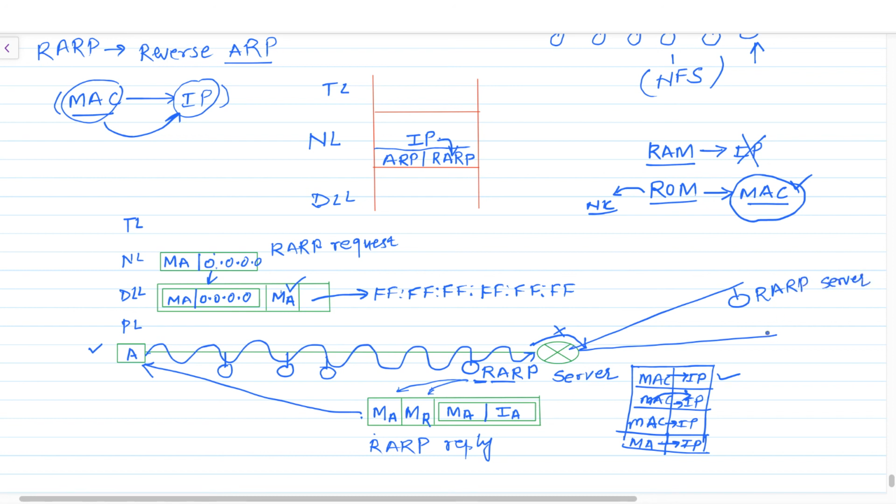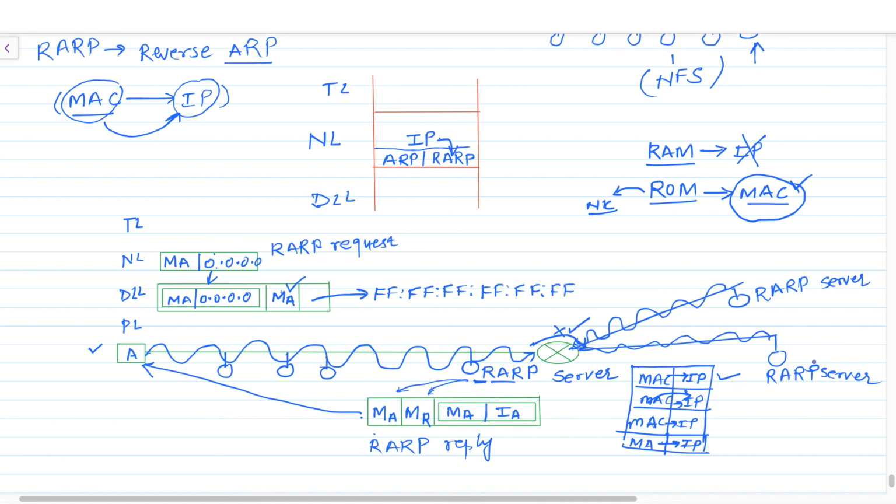In each and every network it is required, because a host in this network cannot send a request to the RARP server present in some other network due to this router. The router does not allow us to take the request from some other network to this RARP server. So this is the reason. So for each and every network there will be a RARP server.